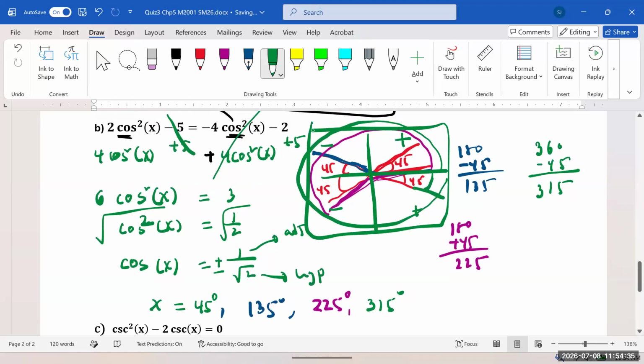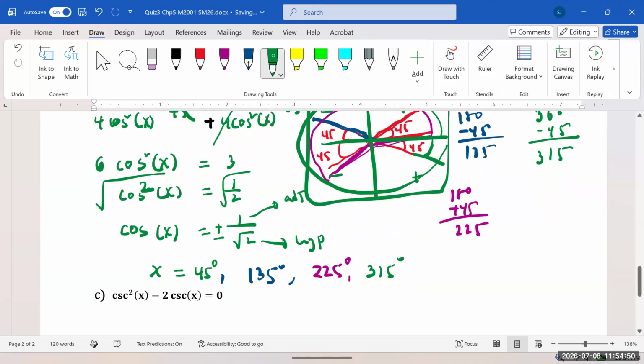So you have to show me this. You have 45, so we have 4 answers. I mean, you have plus minus, so you have 4 answers. Each one of them has 45 as the reference angle. And then you convert all of these into radians. The first one is easy, it's pi/4. And I don't know the rest.